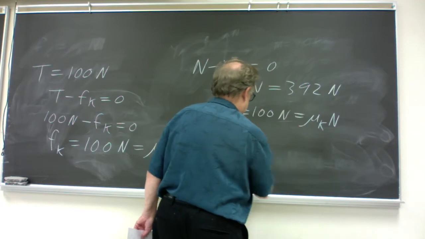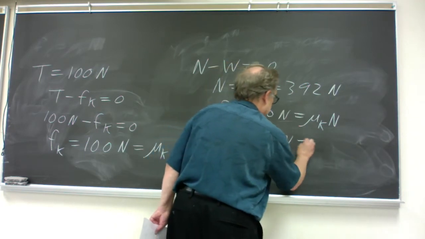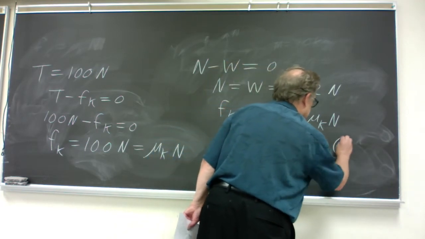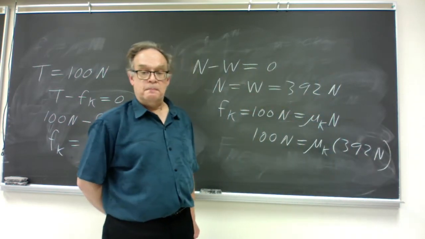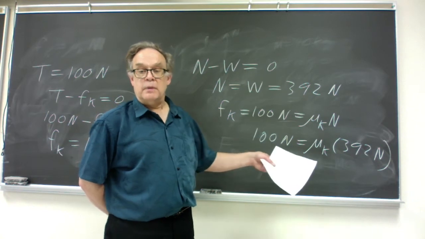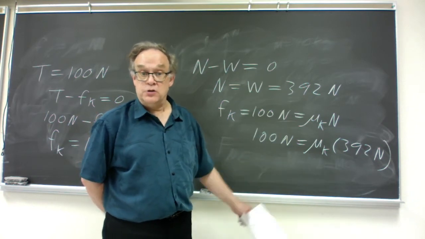Which in this case is going to be the coefficient of friction times 392 newtons. So just divide 100 by 392 and we'll have the coefficient of friction.